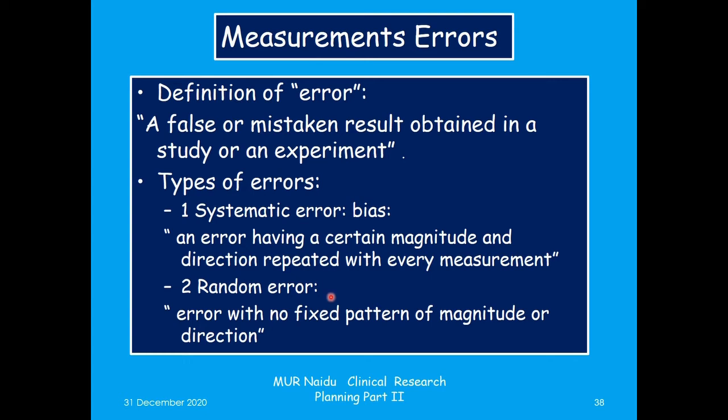Errors may occur because the individual doing the test differs on different days, or the reagents bought may not be uniform. These types of error are known as random error. Sometimes they occur and sometimes they don't. So these are the two main types of error, and one should be very careful to properly identify and try to avoid these errors.